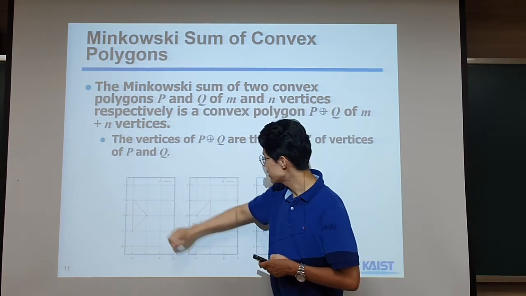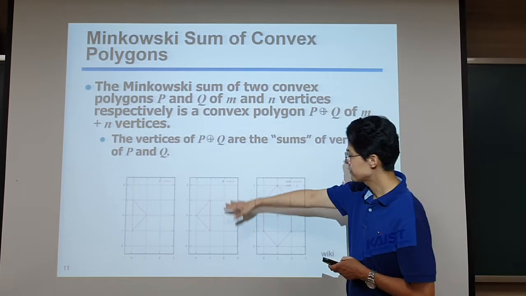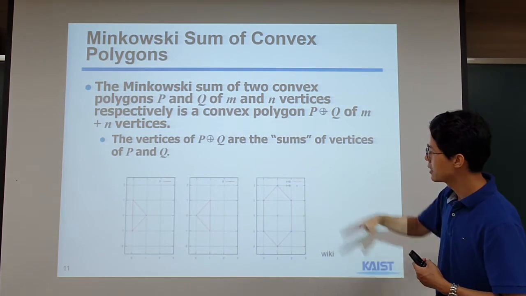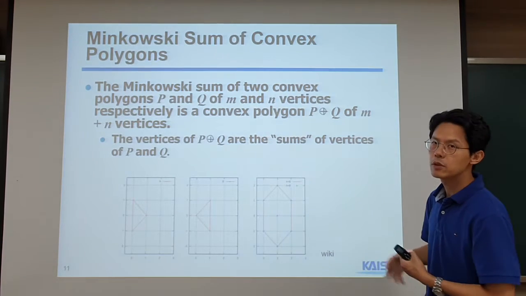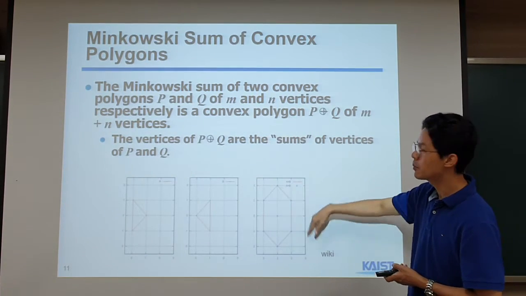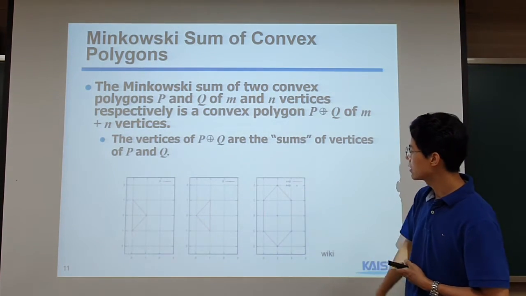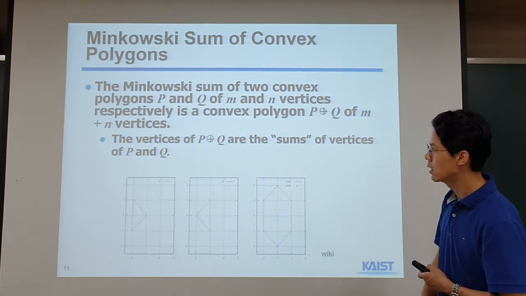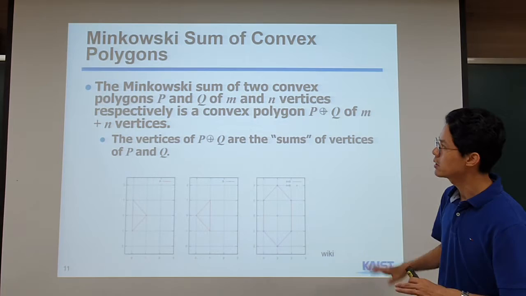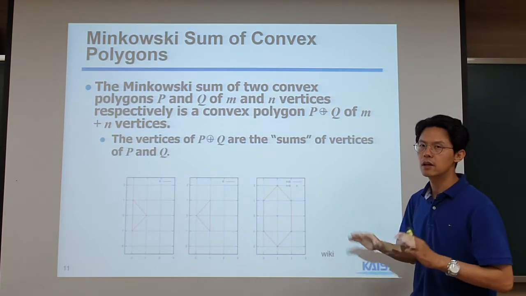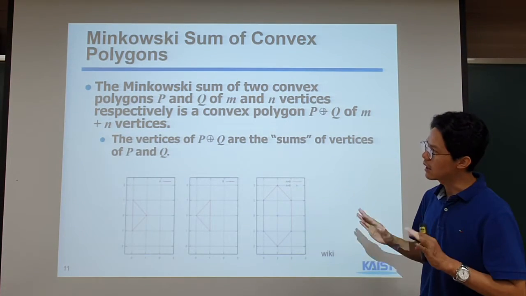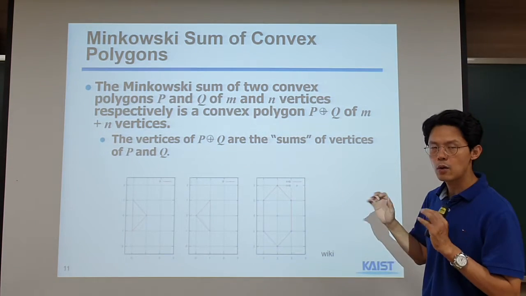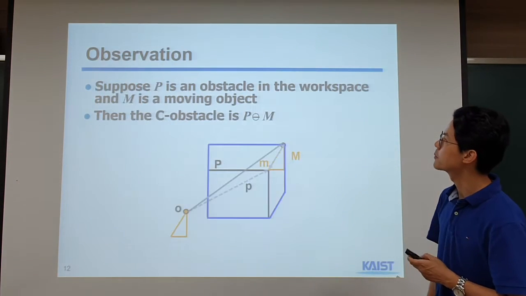Here we had these three different vertices, and they are also convex shapes. Then you can see that the result is another convex polygon with these 6 different vertices. That's one of the observations. One can also prove this, but proving this is not within our main topic, so I will just skip that.